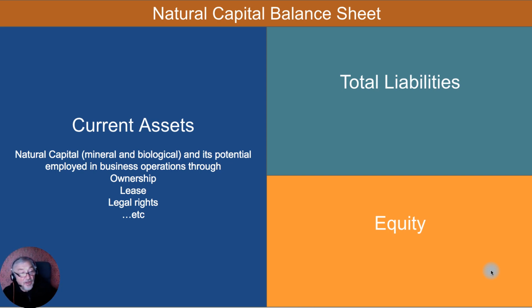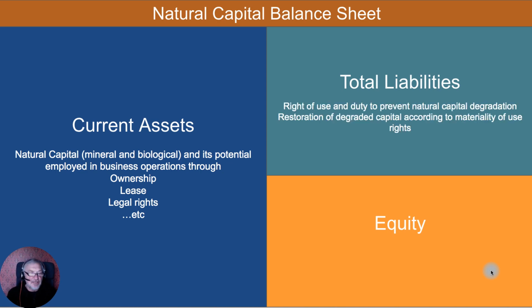Is it ownership? Is it just a legal right because I'm a human being? I can use the resources. So that's the assets that we have. As all human beings, we have access to this capital.